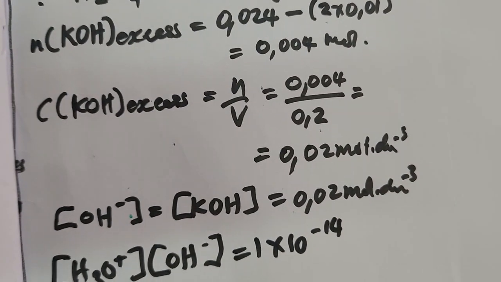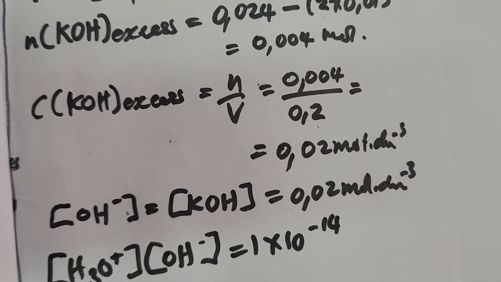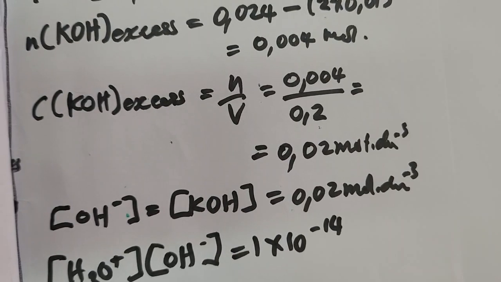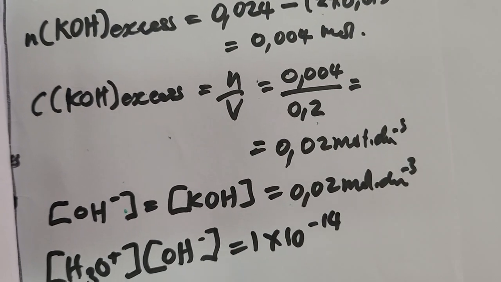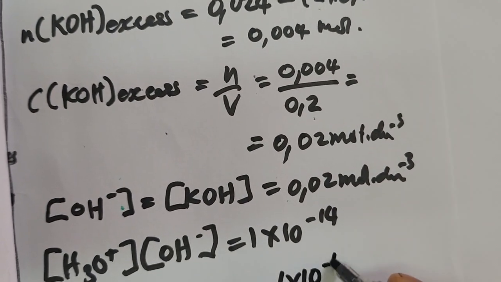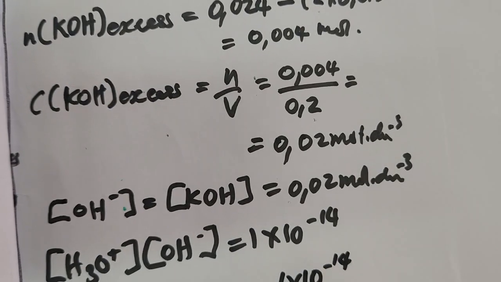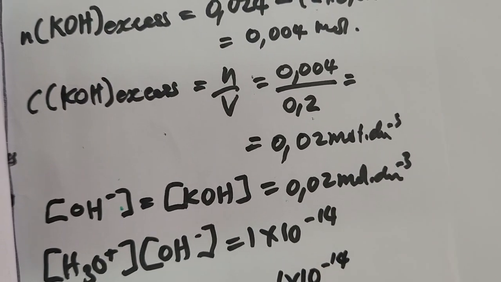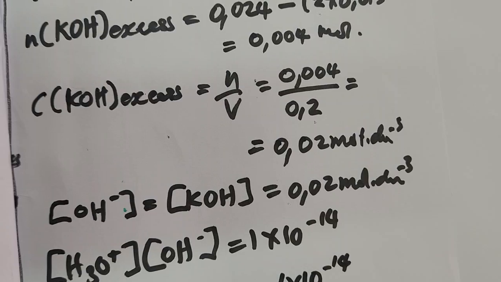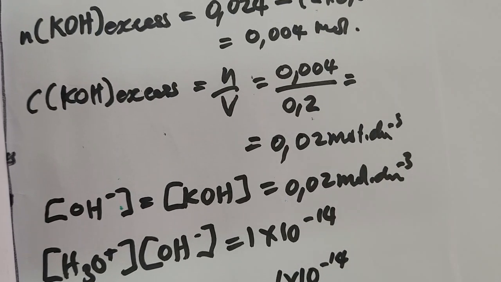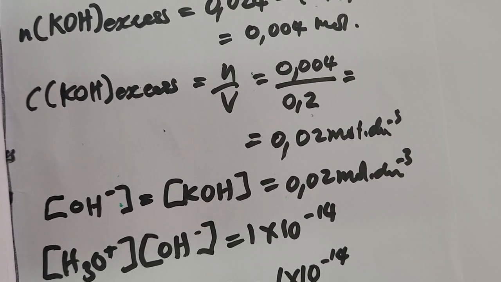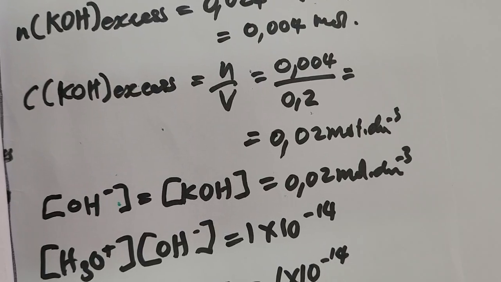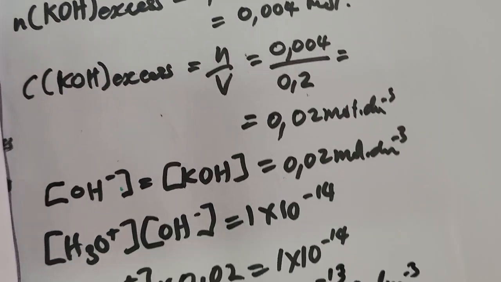Therefore, the concentration of hydronium ions multiplied by 0.02 equals 1 by 10 to exponent minus 14. Concentration of hydronium ions will be the same as 5 by 10 to exponent minus 13 mole per dm cube.